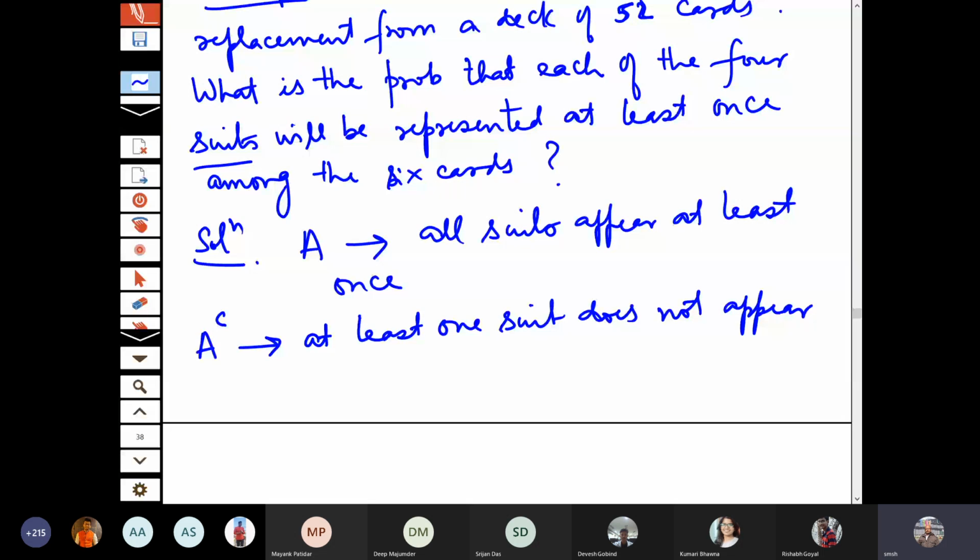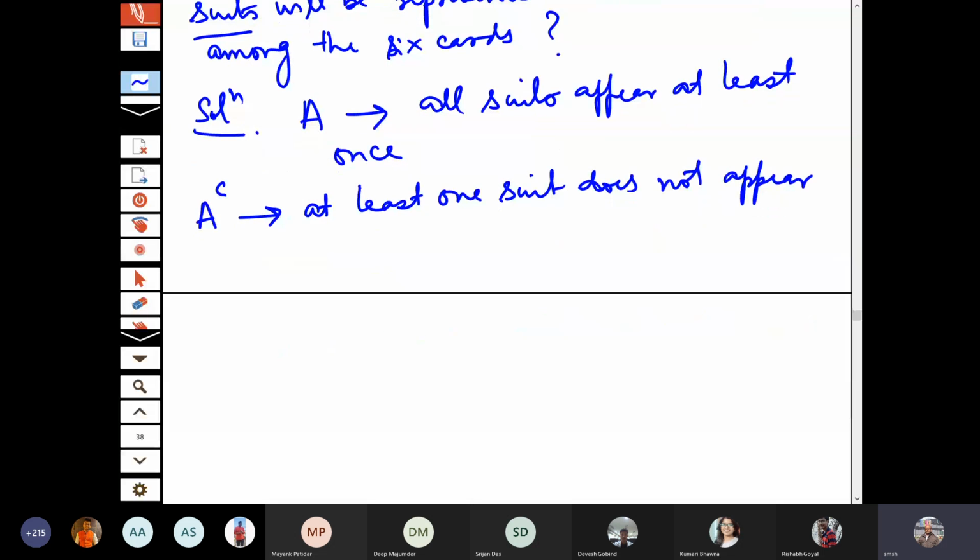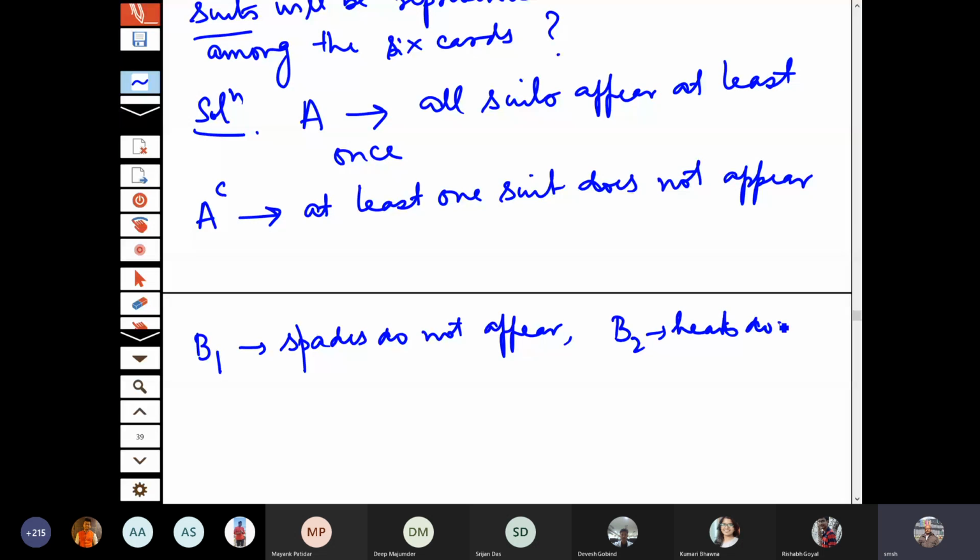Then we consider B1 as spades do not appear, B2 as hearts do not appear, B3 as diamonds do not appear, and B4 as clubs do not appear.